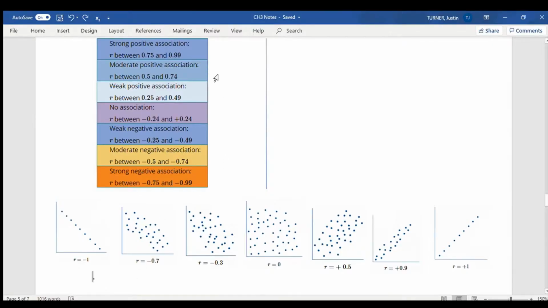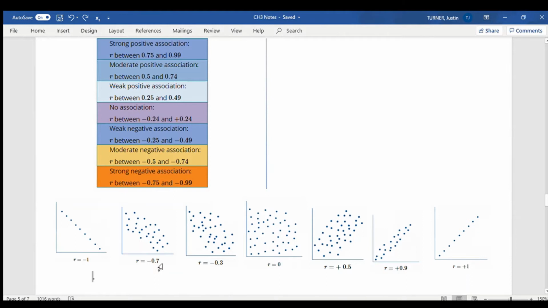Now we can use this table and these graphs to get a rough estimate of what this correlation coefficient looks like. If we look at this first one, this is R equals -1. This is a perfectly negative association. So the straight line is perfect. So R is as negative as it could possibly be. We move over to this next one.